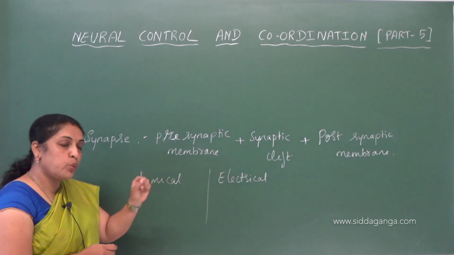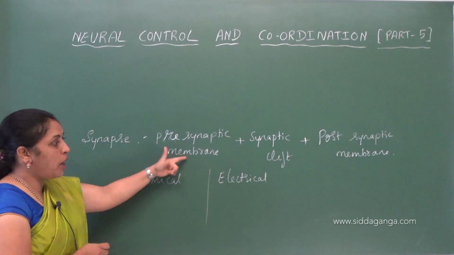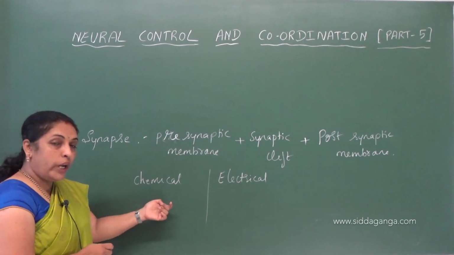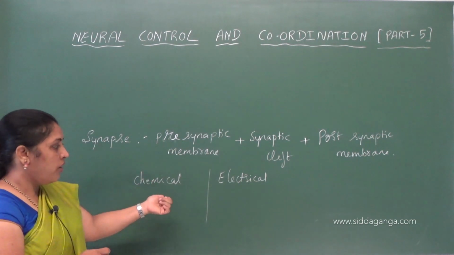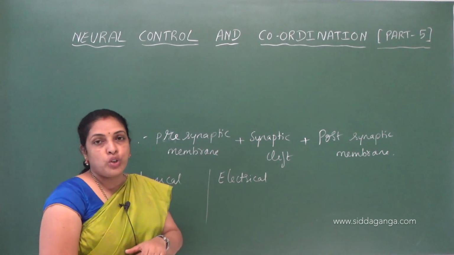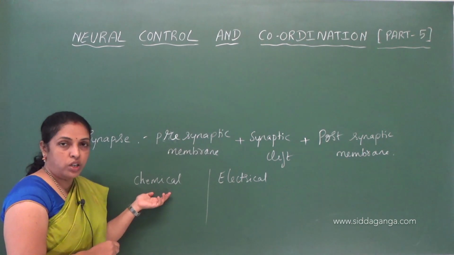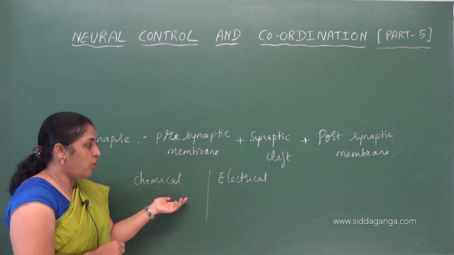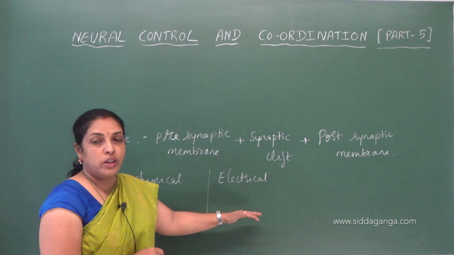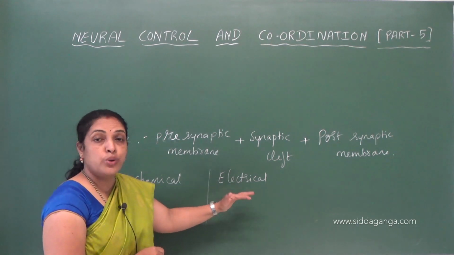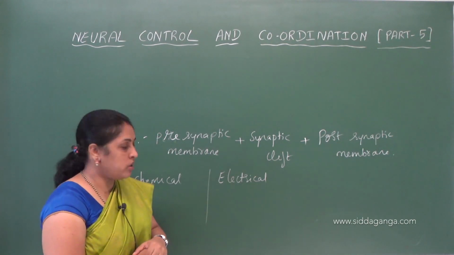Again, the gap is very small. The synaptic cleft is 10 to 20 nanometer in chemical, whereas in electrical it is just 0.2 nanometer. Chemical is always unidirectional from axon to dendron. Electrical is bidirectional, from axon to dendron and also from dendron to axon.